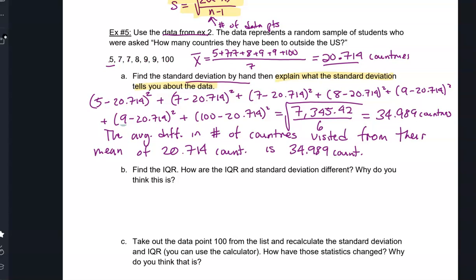Okay. So this is one possible measure of spread, measure of variation.